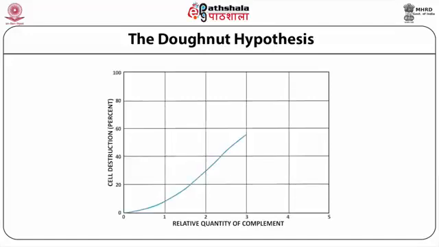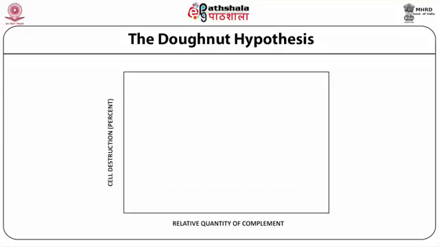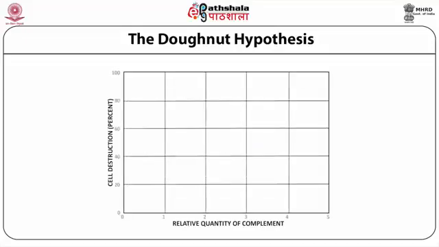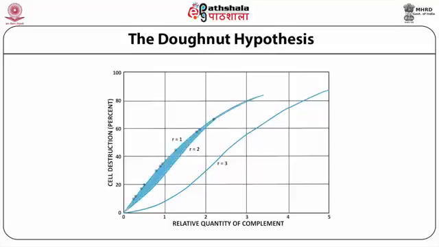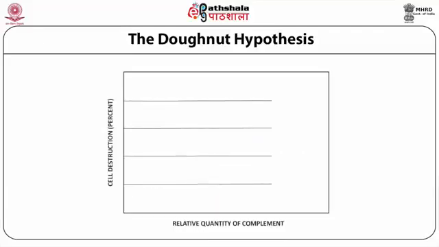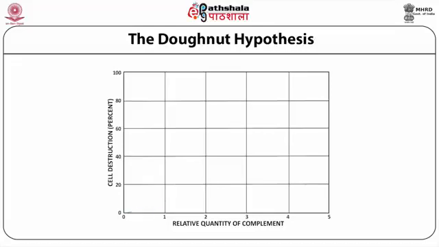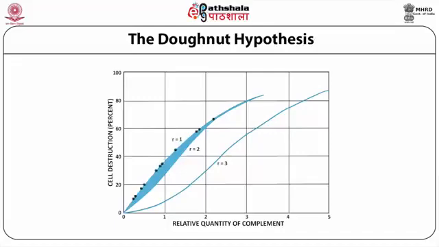One question which puzzled scientists was whether the destruction of the cell requires multi-hit, that is, many holes have to be created with a threshold value? Alternatively, does it require a single hole, in which the number of destroyed cells directly depends upon the amount of the complement?